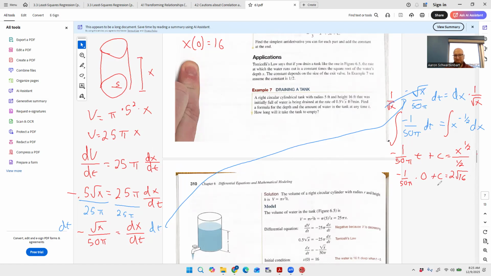All right. So I'm ultimately left with this part all becomes 0. C is 2 times square root of 16, which is 8. So my equation, I'm going to take this and make it 2 square root of x equals negative 1 over 50 pi t plus 8.